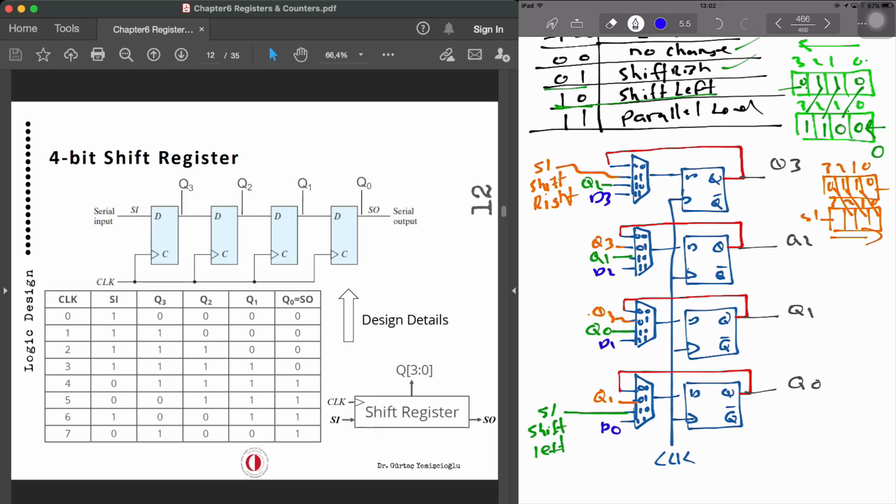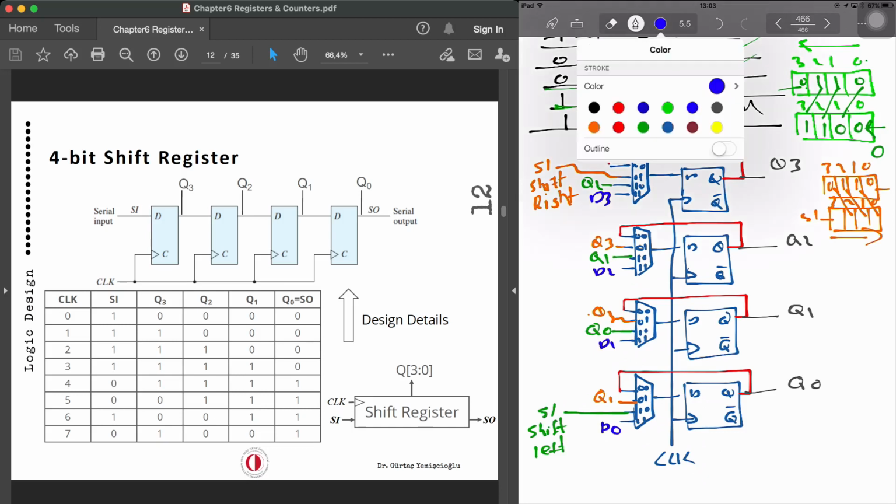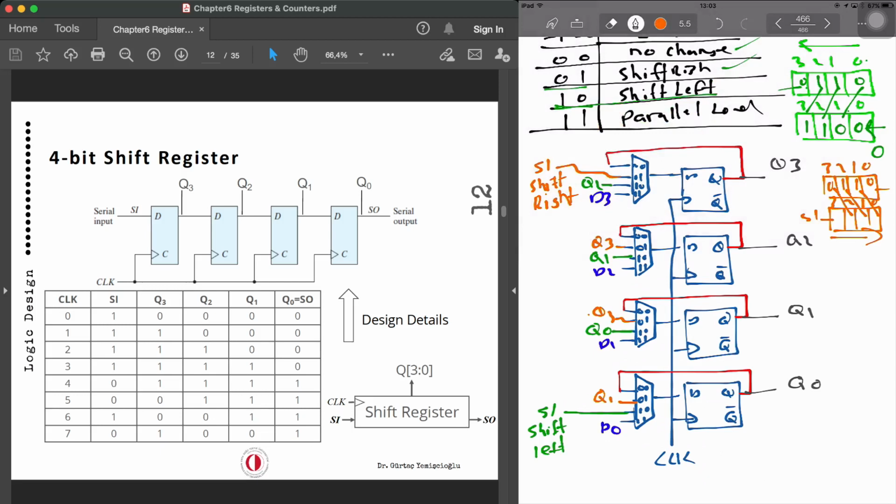So 0 0, no change. 0 1, shift right: 3 goes to 2, 2 goes to 1, and 1 goes to 0.